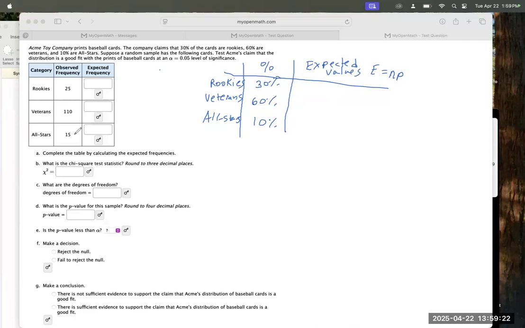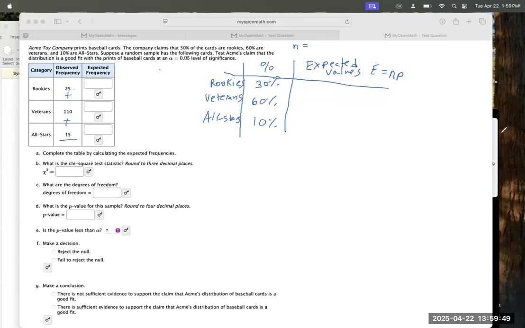This one's a little bit tricky because they don't tell you how many are sampled, but they do tell you how many are observed in each category. So if we add up all of these, 25 plus 110 plus 15, we can find out how many were sampled. I don't really like that. I feel like they're being a little bit tricky here. They should have just given us how many were sampled.